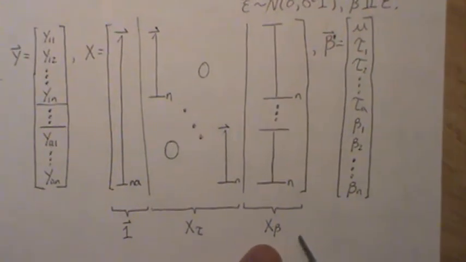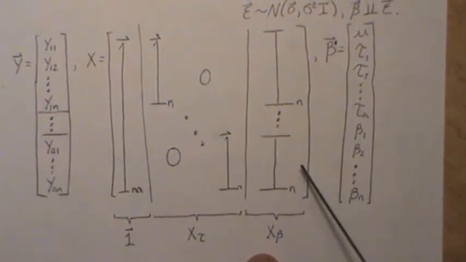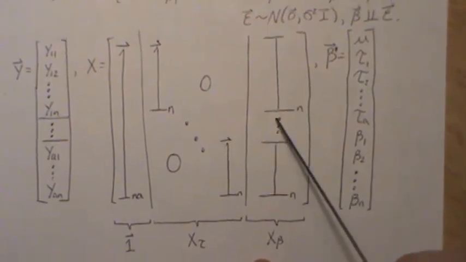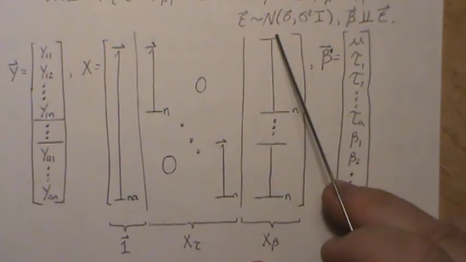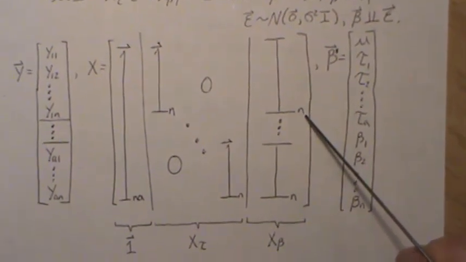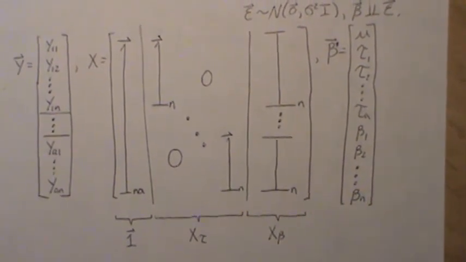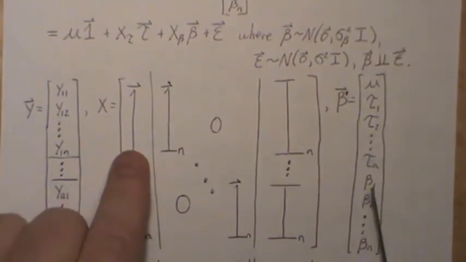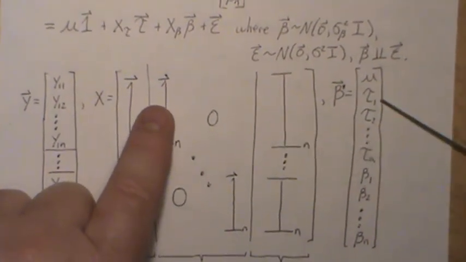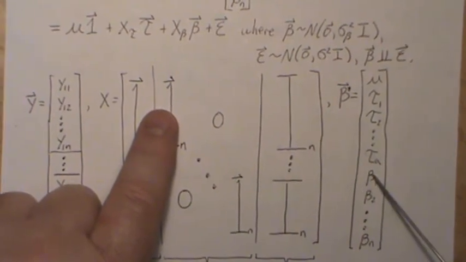And then X beta is associated with the beta parameters. This is a little awkward, but for the first N rows, this is the identity matrix, so it's a diagonal of 1s. And then it's repeated, diagonal of 1s, diagonal of 1s. You can kind of see that if we take this multiplication, it picks off tau 1, and then we want it to pick off beta 1.